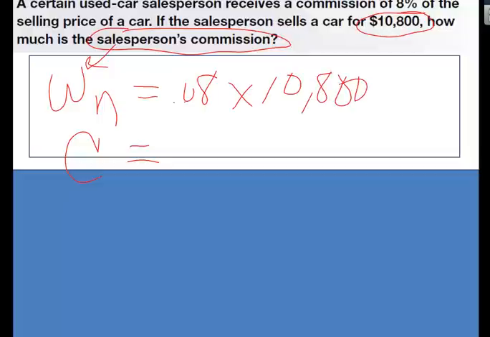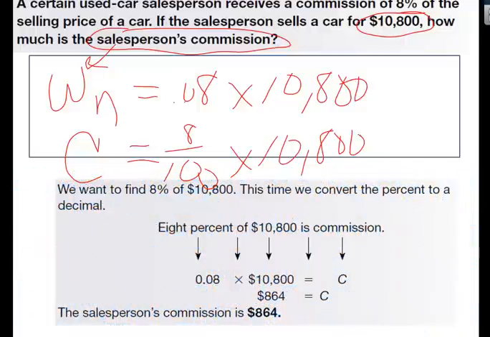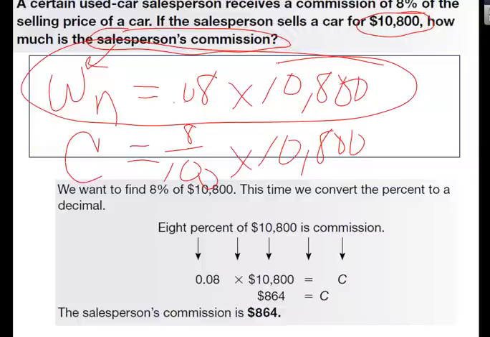Or you could do 8 over 100 times 10,800 and get the same thing. They do the multiplication, and it's $864.